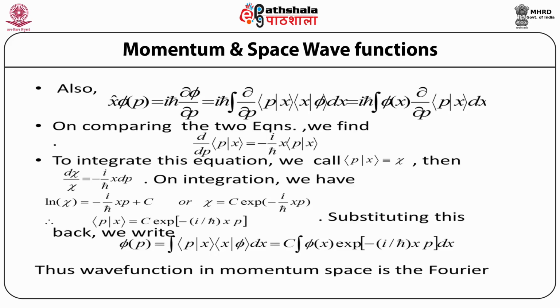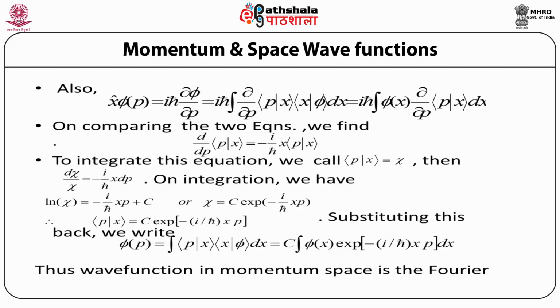Now on comparing this equation with the previous equation, we find that d by dp of bra vector p, ket vector x is equal to minus i by h cross x times bra vector p, ket vector x. Now, if we want to integrate this equation, we can call bra vector p, ket vector x equivalent to some xi, then d xi by xi is equal to minus i by h cross x dp.